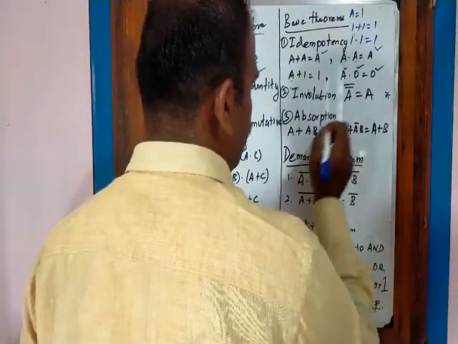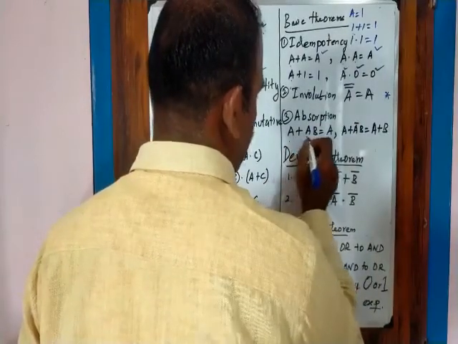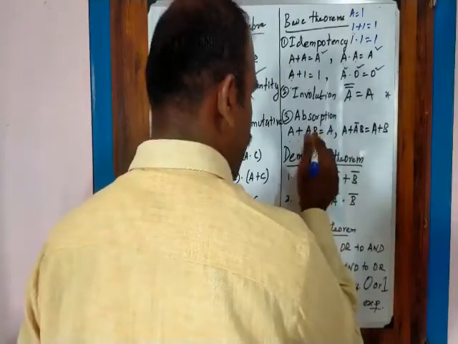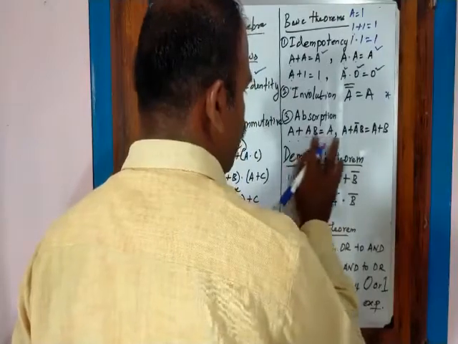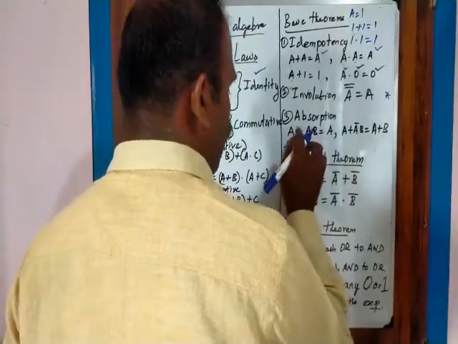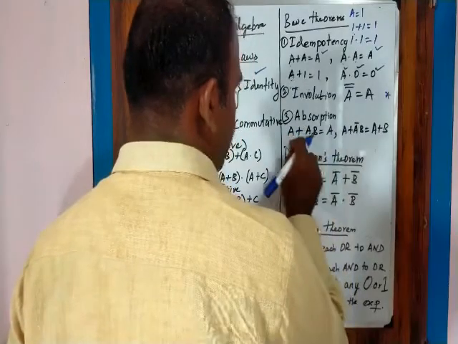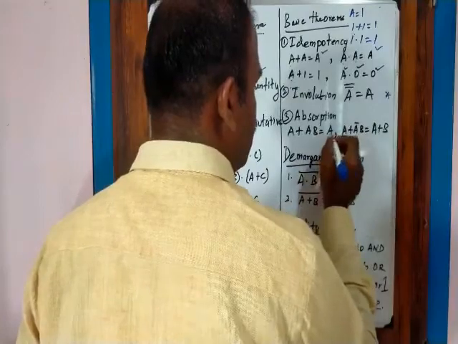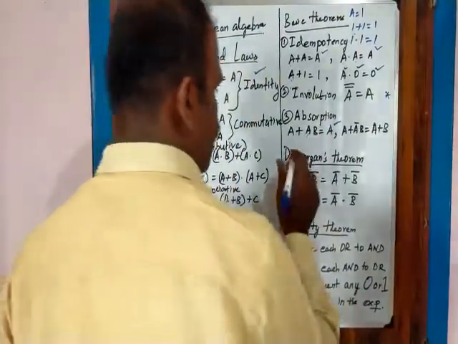Next, the absorption theorem. So A plus AB. Here A is ORed with AB, where AB is A dot B. If the expression has A plus AB, then we can directly write it as A. We can verify this.